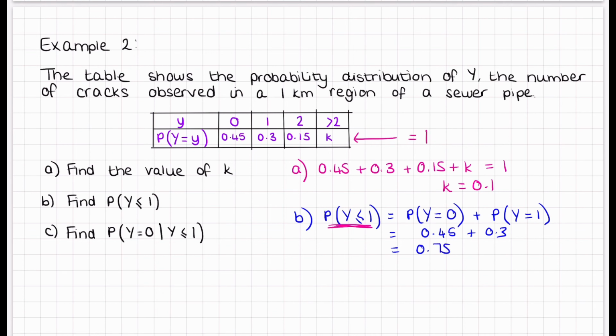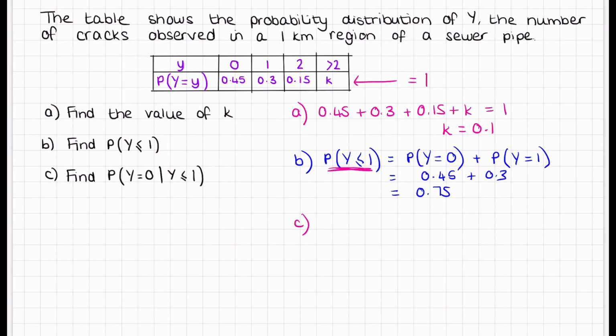And the last one, part C, we've got the probability that y equals 0 given, remember that straight line is given, y is less than or equal to 1. To work this out, remember it's the probability that y equals 0 and y is less than or equal to 1, all divided by the probability that y is less than or equal to 1.